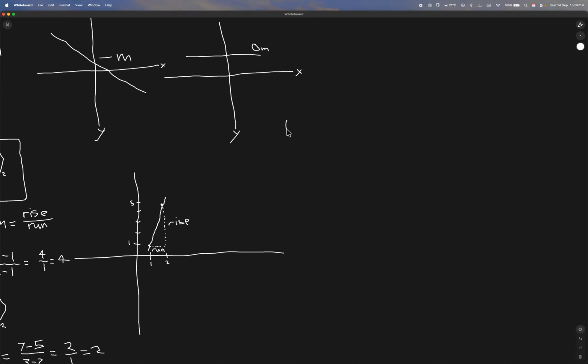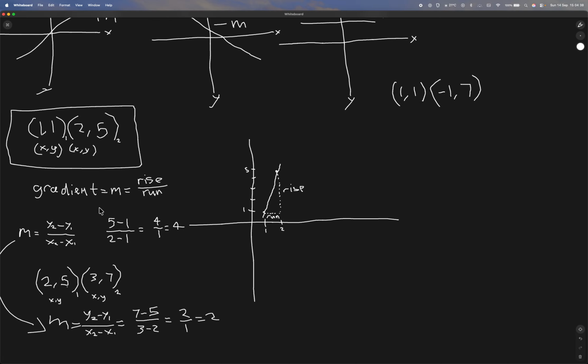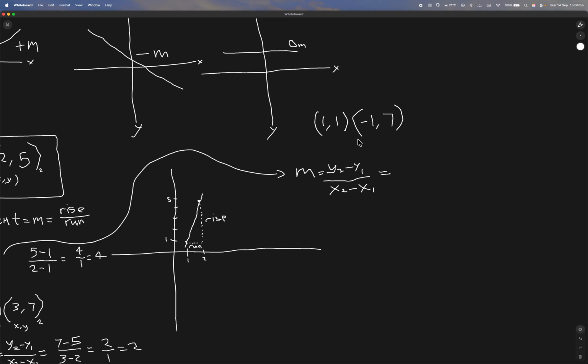So we'll do 1, 1, and -1, -7. So remember our m formula? y2, let's call this one here 2, this one here 1.